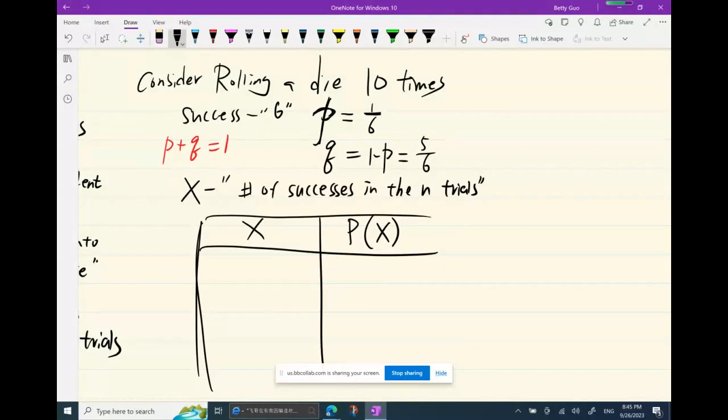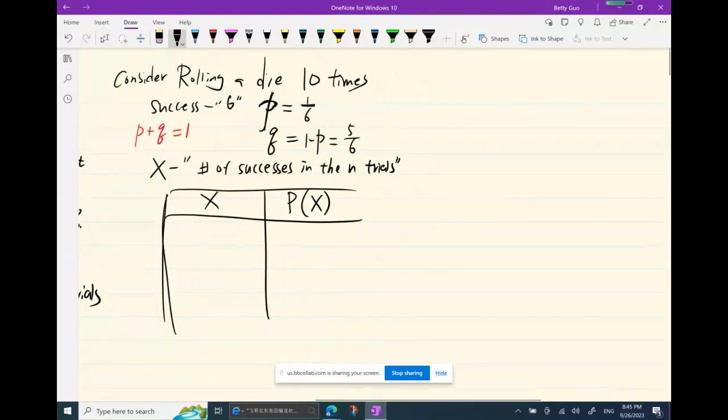So what do you think? What are all the possible values for X? Could X be 0? Let me repeat.